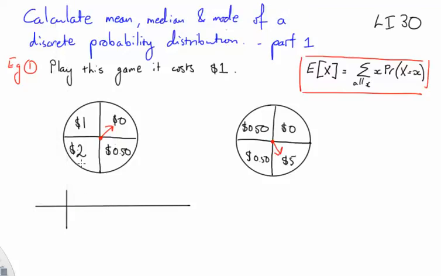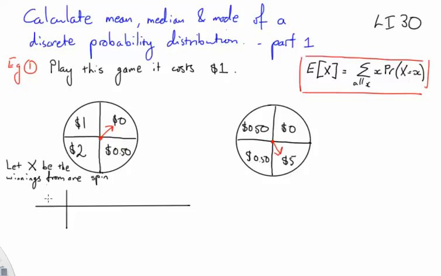We have to define what the random variable is. So the first thing you should always do is define the random variable. So let X be the winnings from one spin. So you pay your dollar, you do one spin, X is going to be the winnings.